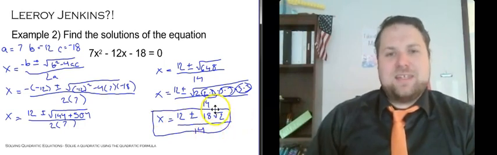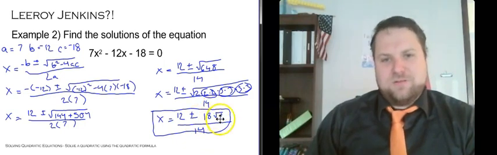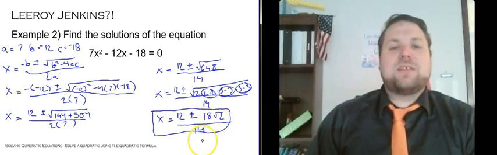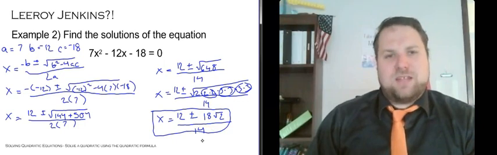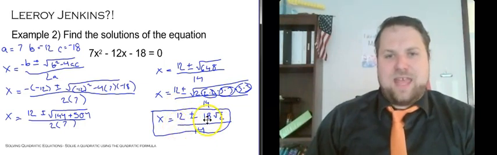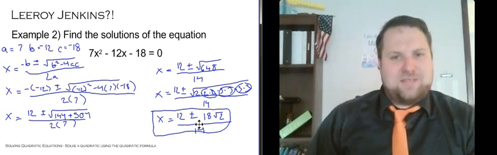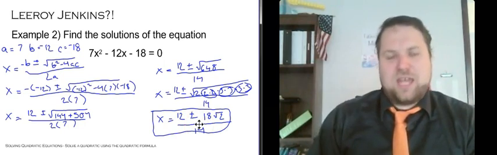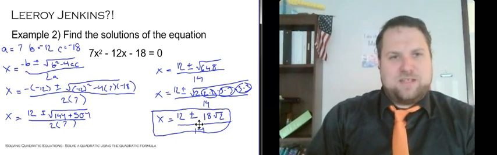I can enter 12 plus 18 root 2 over 14 into a calculator and get a decimal. Rounded off to the hundredths place is just fine, but it's also perfectly acceptable to leave your answer like that, particularly if you're writing out an answer. IXL is going to ask you to round so that the computer can check, but that right there is a perfectly acceptable answer to give to another human.